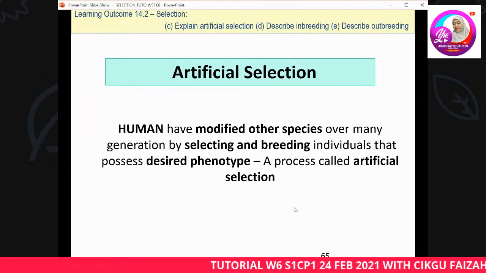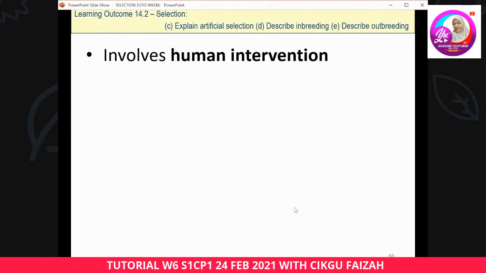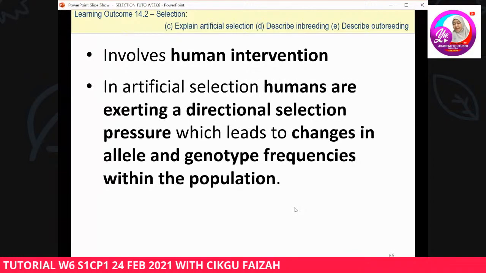So artificial selection is intervention by humans, where you are the one that chooses.